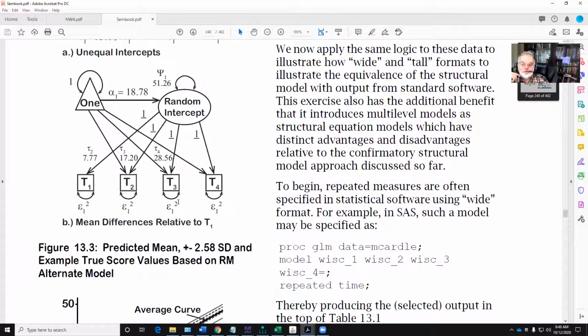So you can specify the entire question as a structural equation model and calculate the chi-square difference and say to a reviewer or an editor, the reason I'm doing this is because error variances appear to be different over the course of time.